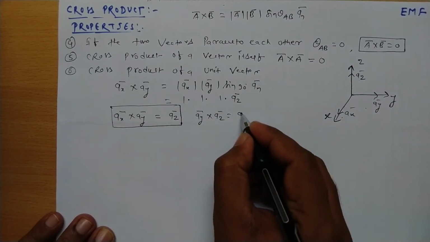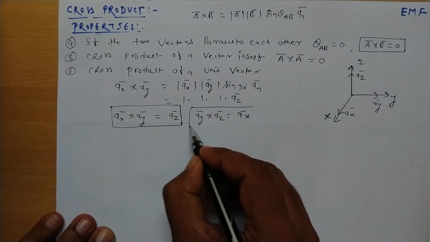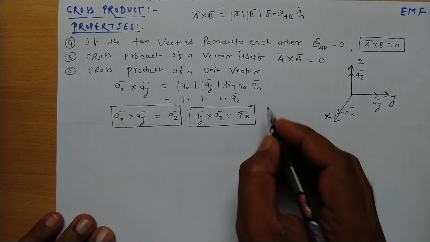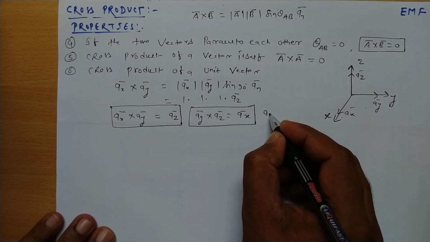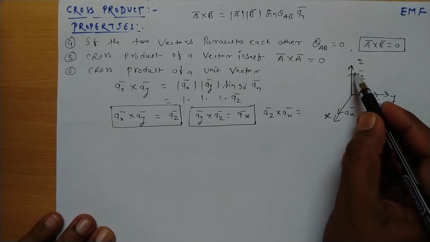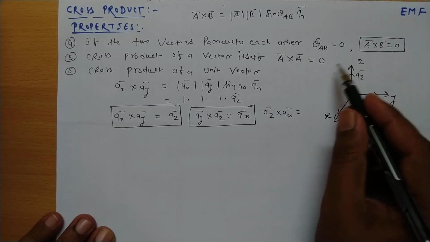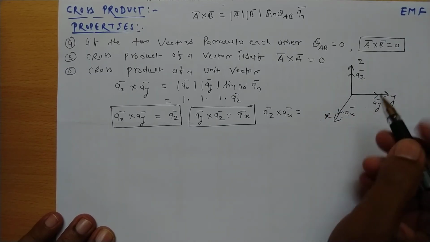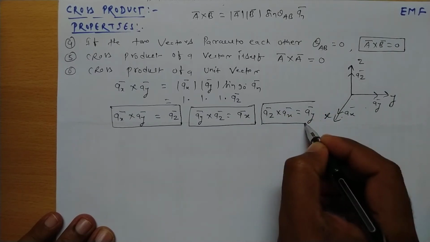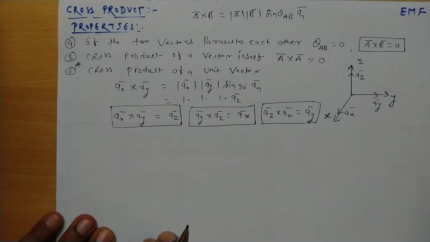So AY cross AZ equals AX. Also, AZ cross AX: this is the XZ plane, and the normal to the XZ plane is AY. So this becomes AY. This property is very important for the numerical, right?